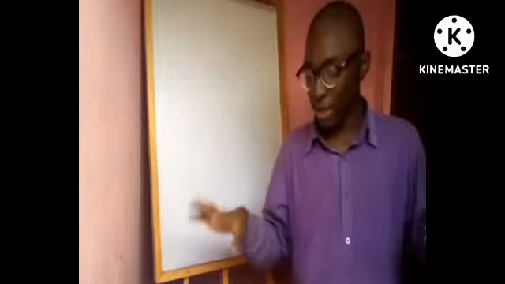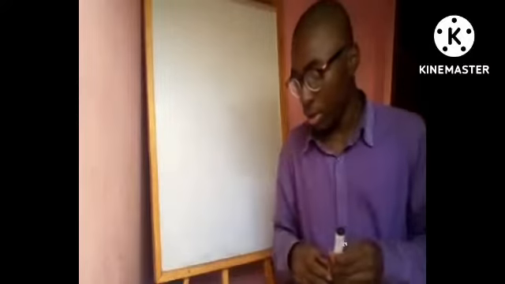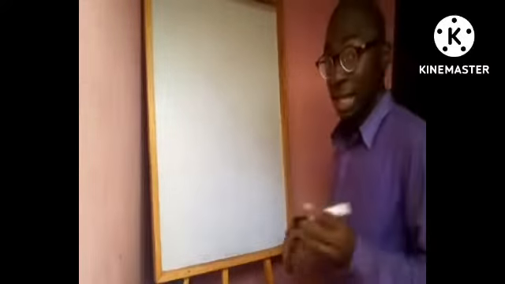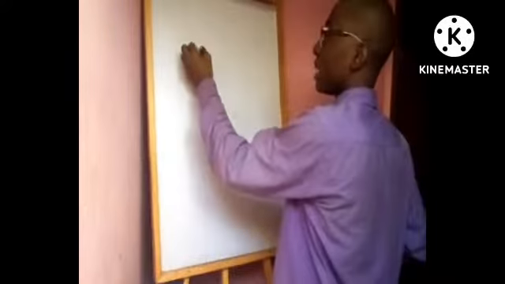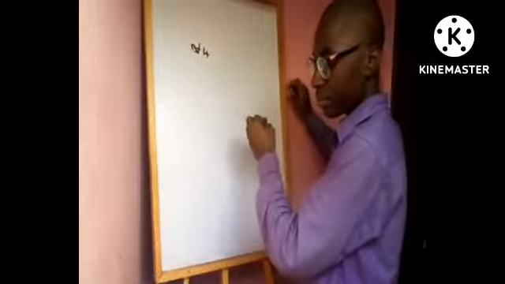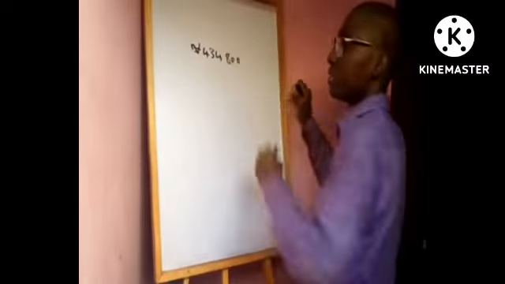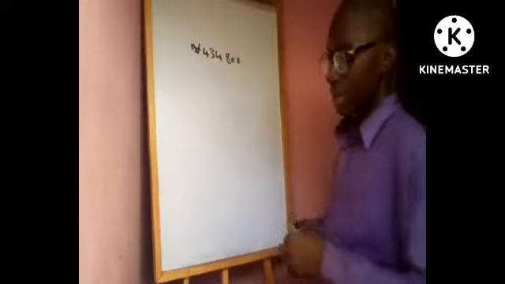After you've deducted that, your tax can only be paid on your taxable income. So this taxable income here is 434,800 naira.